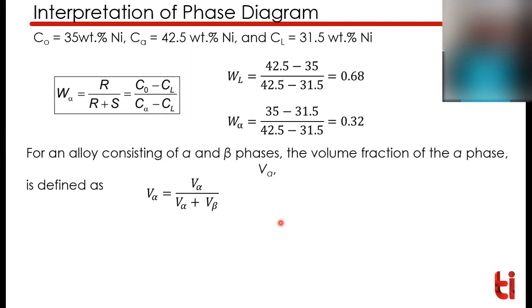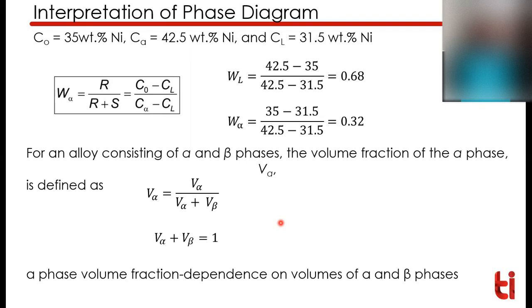V alpha is the volume fraction of alpha, and V beta is the volume fraction of beta. So V alpha is equal to V alpha upon V alpha plus V beta, and V alpha plus V beta is equal to 1. So V beta is equal to 1 minus V alpha. The phase volume fraction depends on the volume of alpha and beta phases.